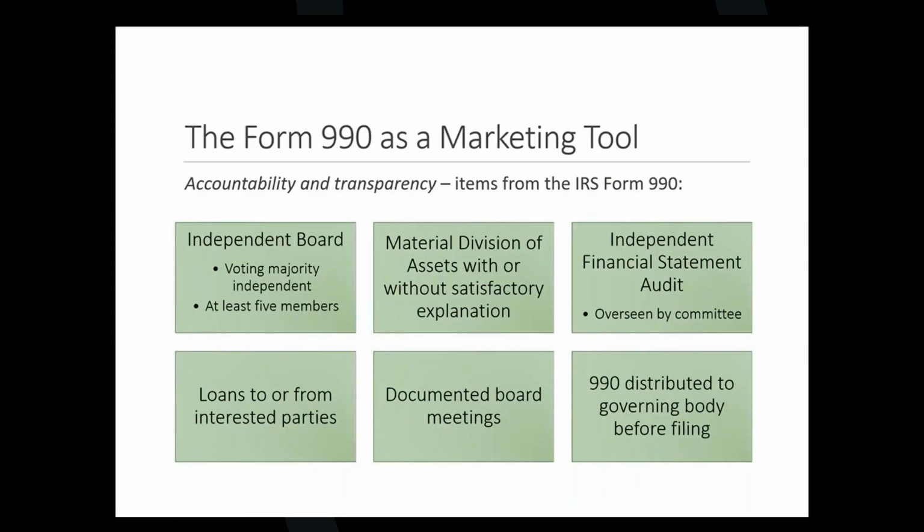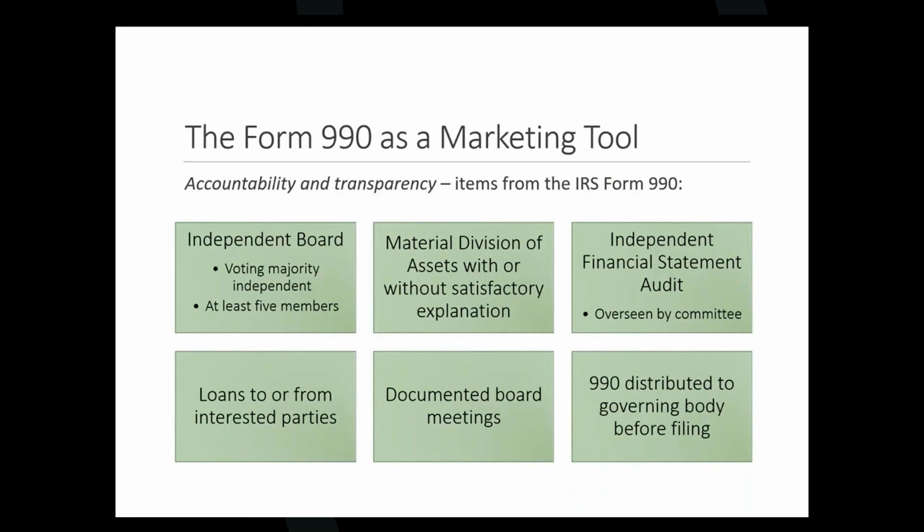Is there material diversion of assets with or without satisfactory explanation? This will actually detract from the score. Does your organization have an independent financial statement audit, and is it overseen by a committee? Does the organization have any loans to or from interested parties? And this is another part that would detract from the score.